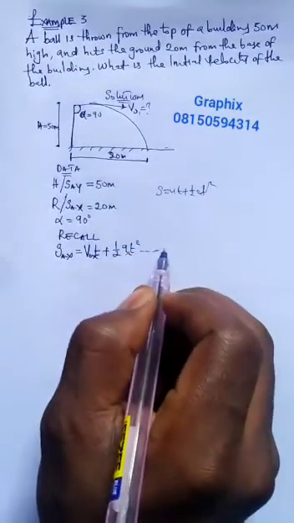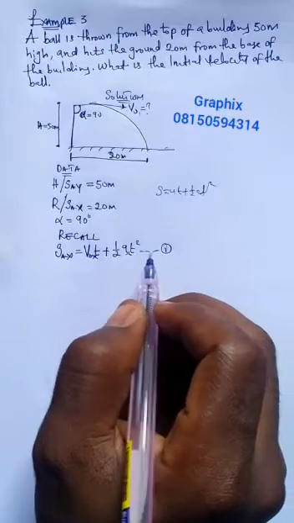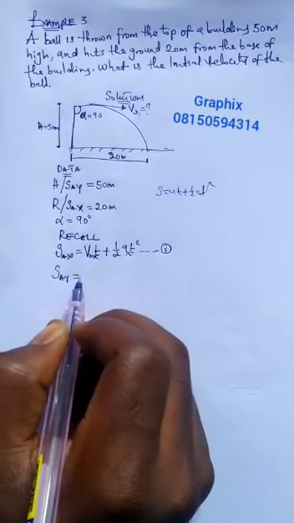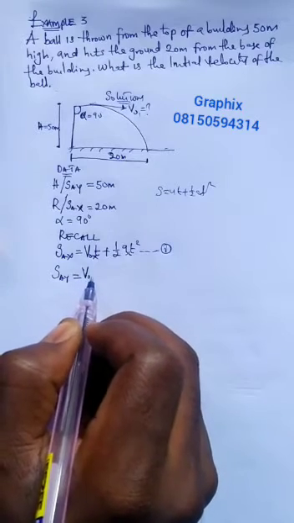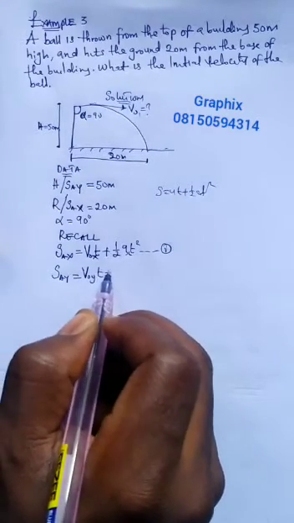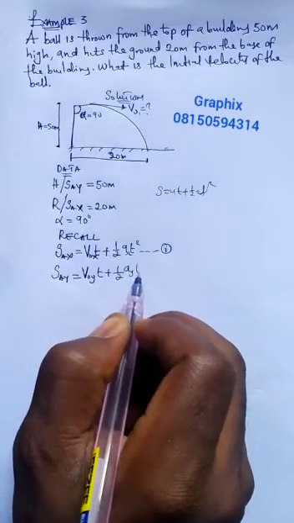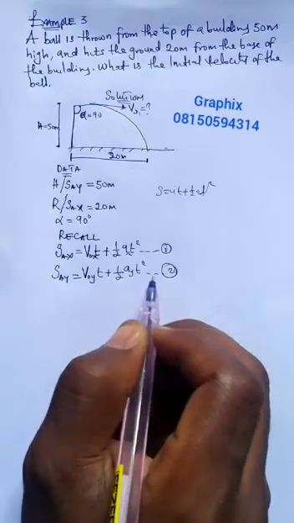That is my equation 1. Also, my SAY is equal to V naught Y T plus 1 over 2 AY T squared. That is equation 2.